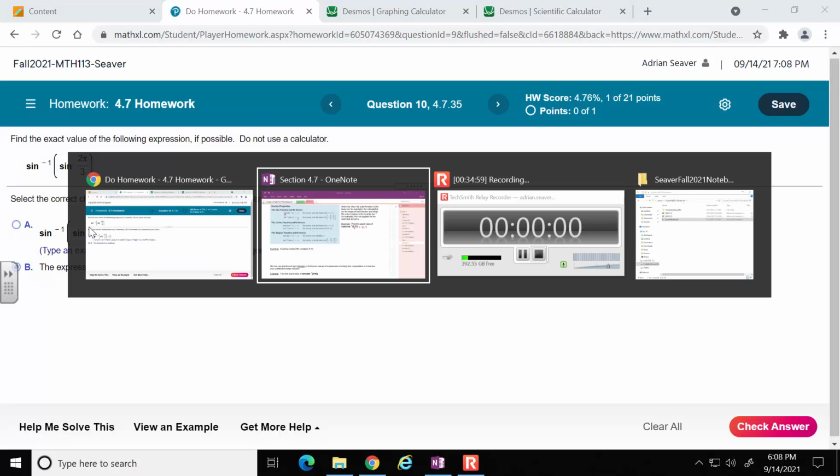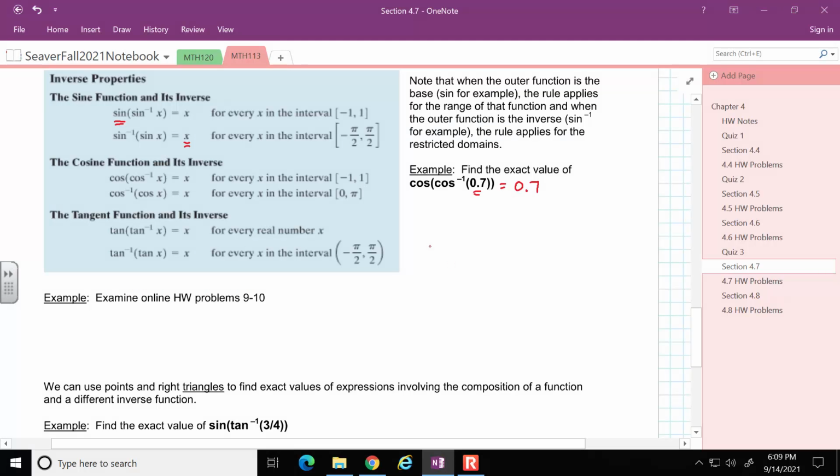Let's do that, actually. What is the sine of 2 pi over 3? Well, this is good practice. It'll be a good practice test question. What's the sine of 2 pi over 3? You might need your unit circle. You might not. You might want to draw a triangle.